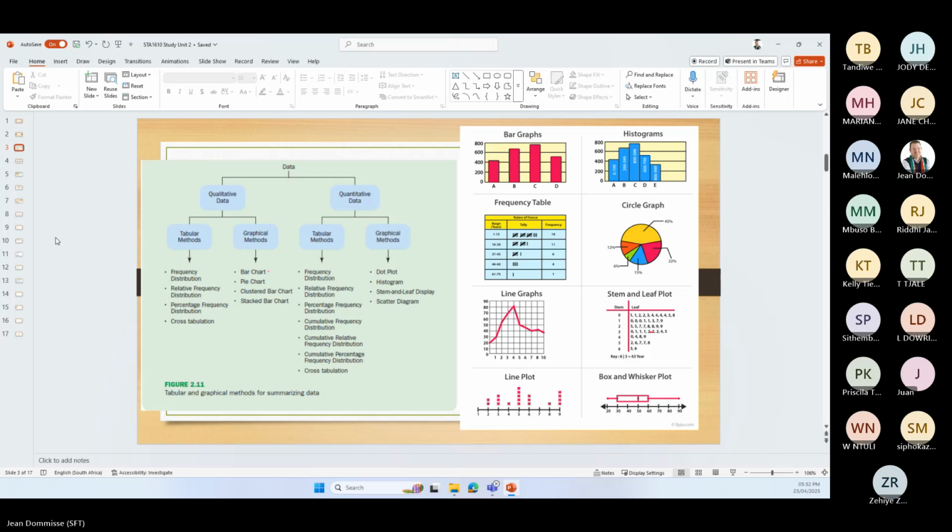So in representing the data, we can do it a few different ways. So we can have bar graphs, and bar graphs we will link to qualitative data.